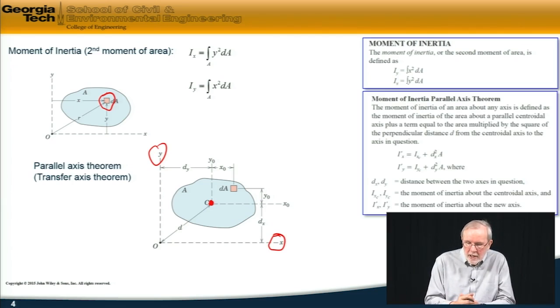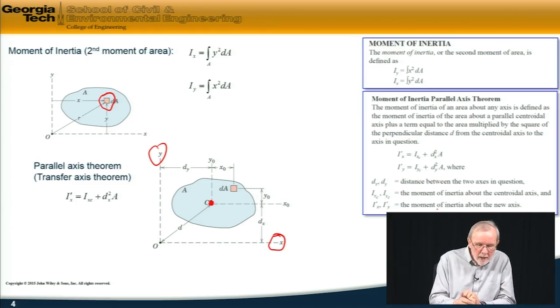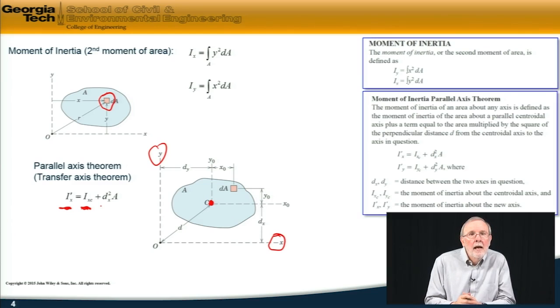So here's the statement of the parallel axis theorem from the reference handbook, and it simply states that the moment of inertia about, say, the x-axis, Ix prime, is equal to the moment of inertia about the horizontal axis through the centroid, Ixc, plus the distance squared between the two axes, dx squared, multiplied by the area.